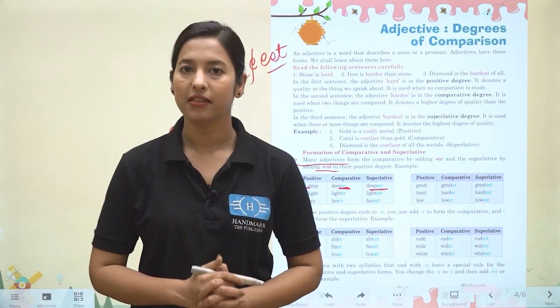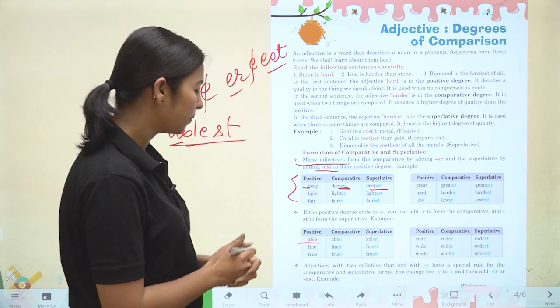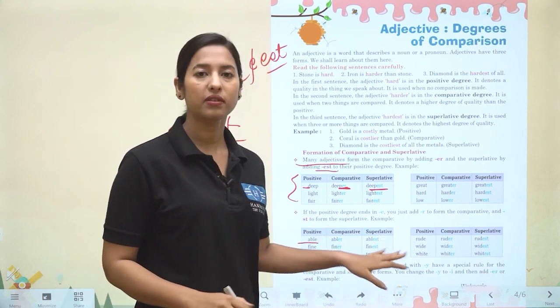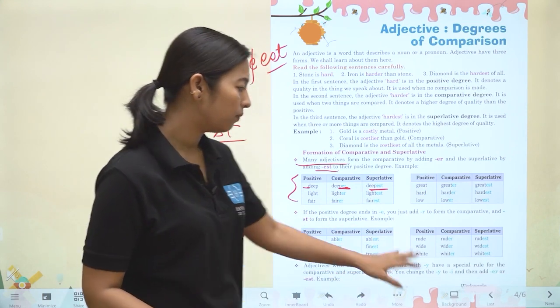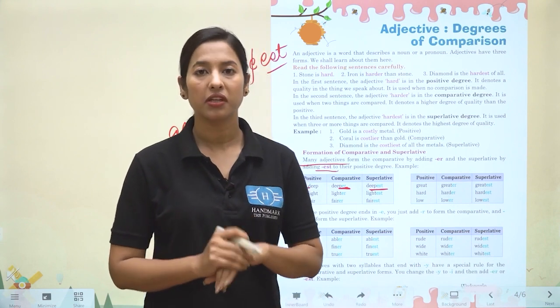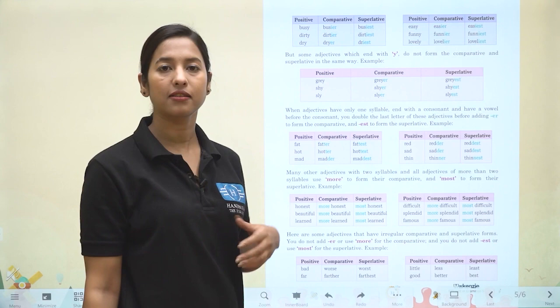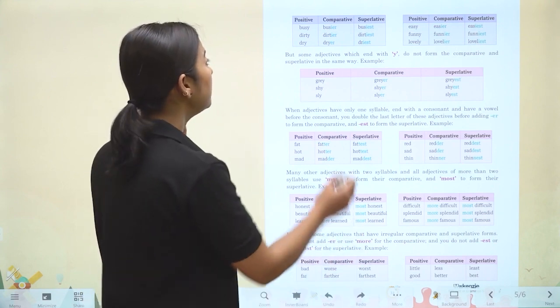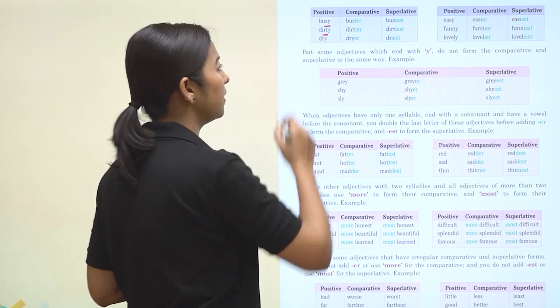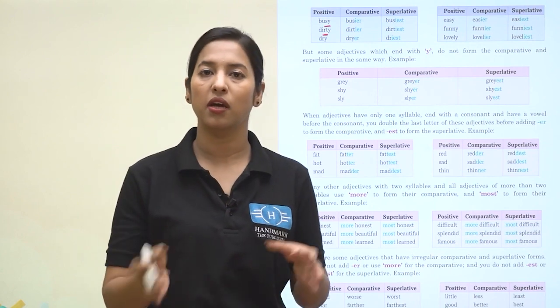Now children, let's see the other rule. What does it say? Adjectives with two syllables that end in Y have two scenarios. The first one is that there are some words which end in Y, but there is a consonant just before Y, meaning Y is preceded by a consonant.